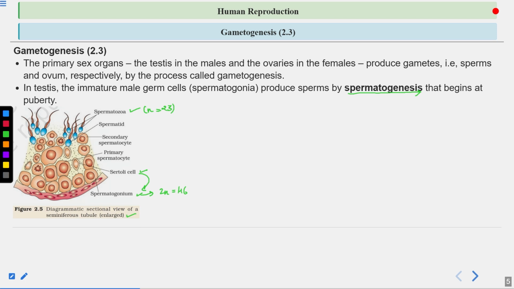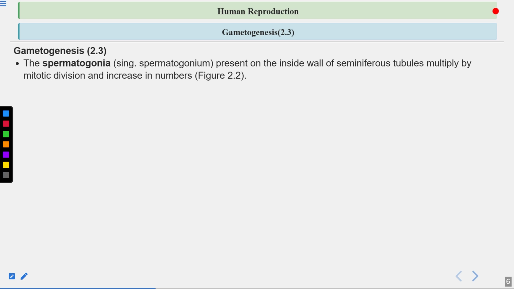From spermatogonia, primary spermatocytes are formed. From primary spermatocytes, secondary spermatocytes are formed. From secondary spermatocytes, spermatids are formed, and spermatids finally transform into the spermatozoa. Now, spermatogonia present on the inside wall of the seminiferous tubule multiply by mitotic division and increase in number.